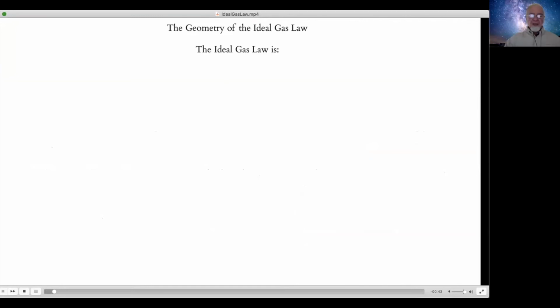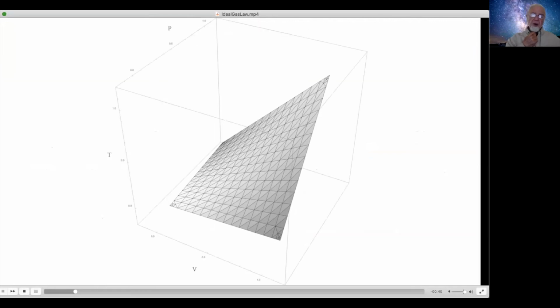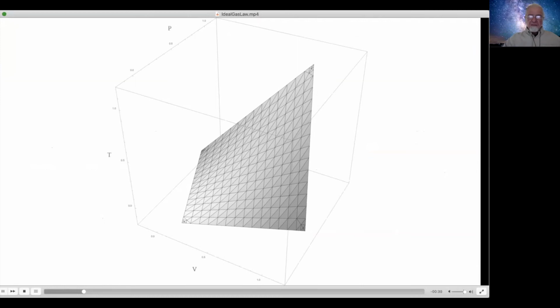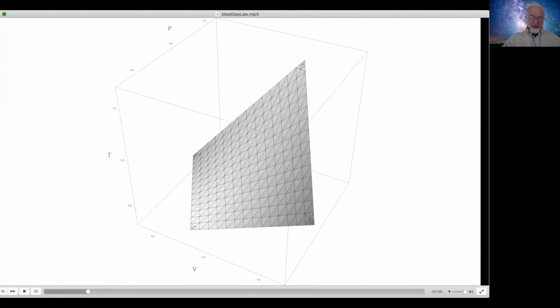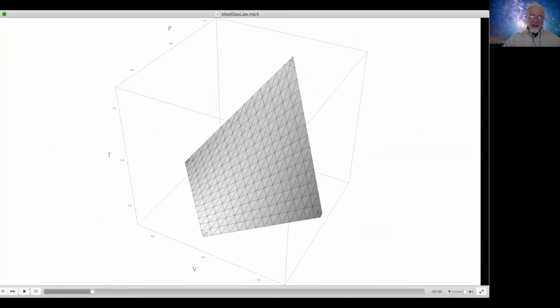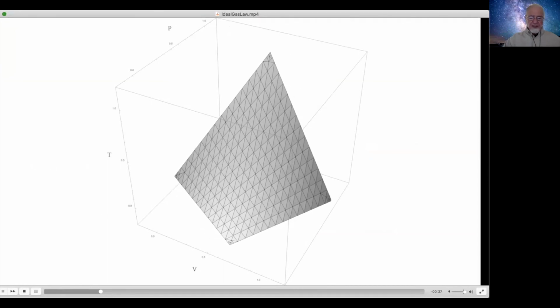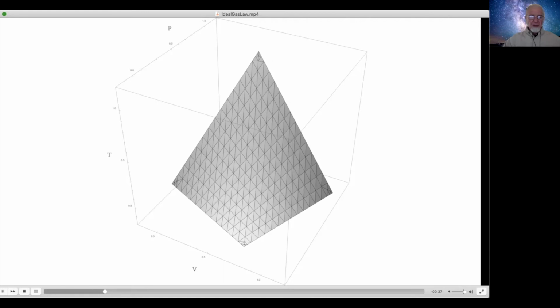Then the ideal gas law is the pressure times the volume equals nu times R times T. I'm using units where nu equals R equals 1. This is what the ideal gas law in 3 dimensions looks like. I'm rotating it around simply to help you understand how it is.